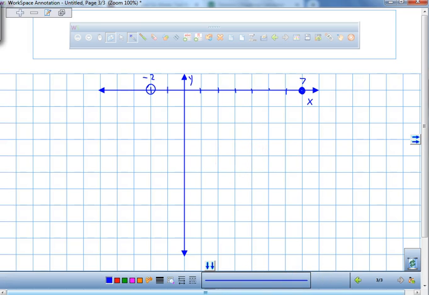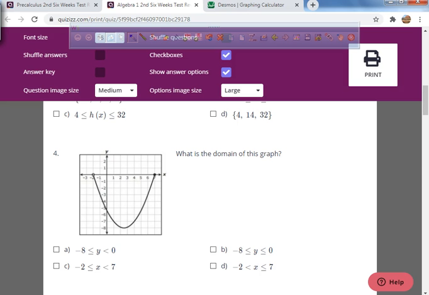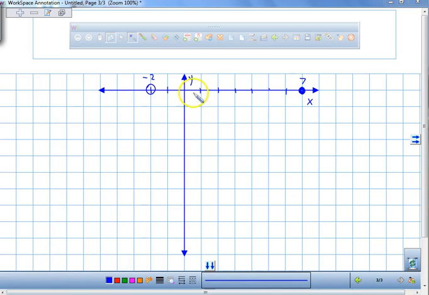And then let me go back and take a look at it real quick. It looks like I'm at about a 2.5 and a -8. So about 2.5 and down 1, 2, 3, 4, 5, 6, 7, 8. Right there. Put a big old fat dot right there at a positive 2.5, comma -8.